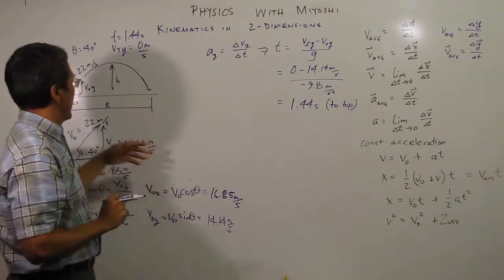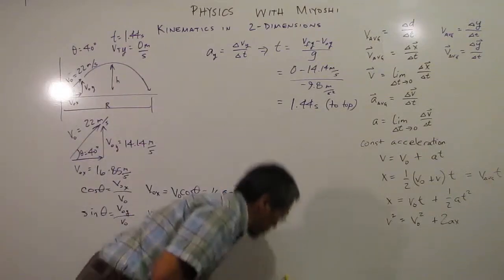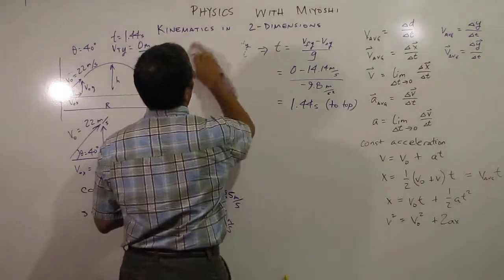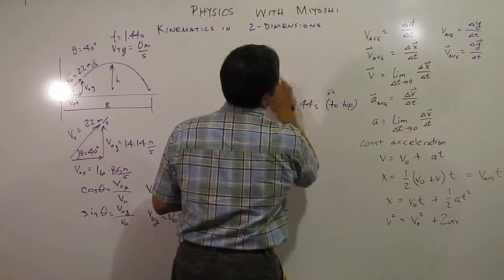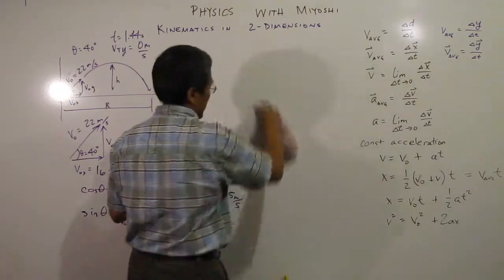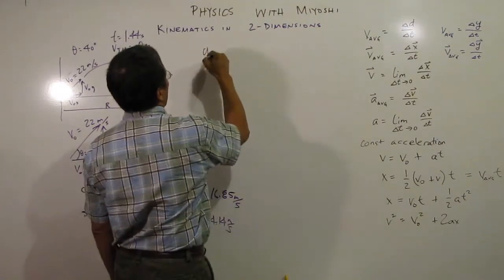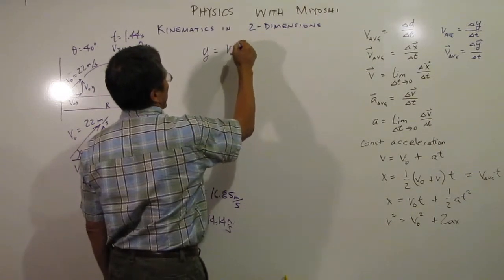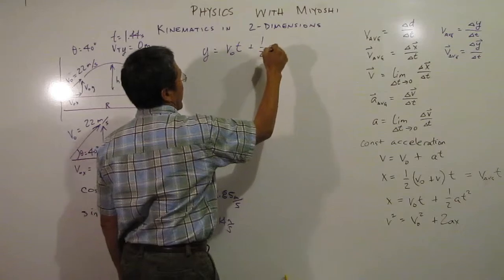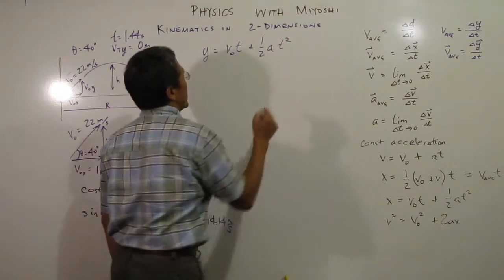Now, what I'm going to do with that is use the equation I just wrote up there and erased to find my height. So now I can use y = v0t + 1/2 at squared.